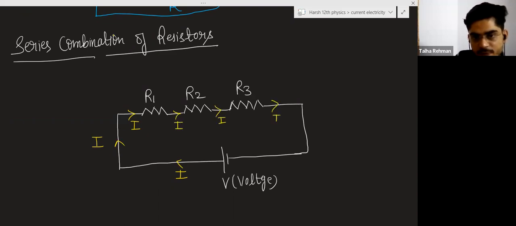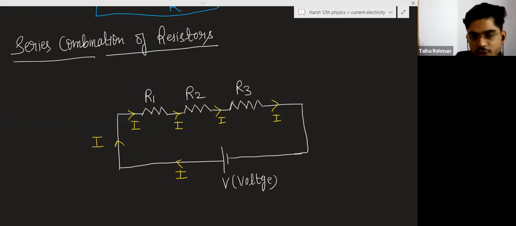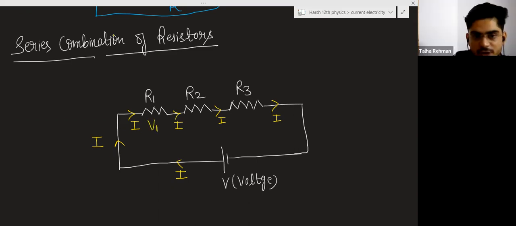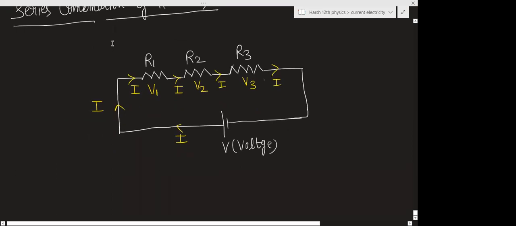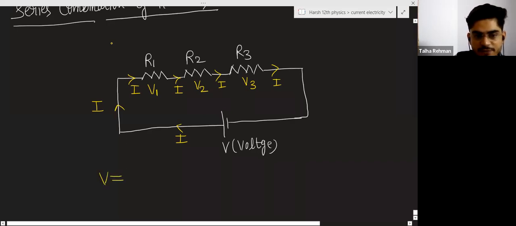The current will be the same, but when you move from here to here, there will be a change of potential. The potential difference or voltage is V1 across this, V2 across this, and V3 across this. So the voltage of the battery is divided among these three resistances. You can write V equals V1 plus V2 plus V3.